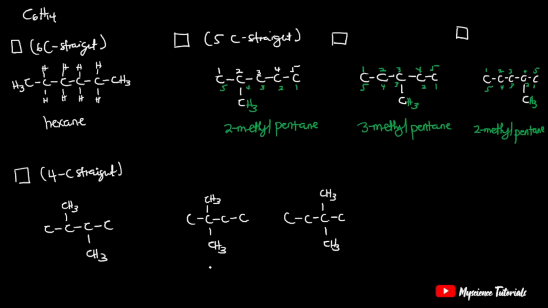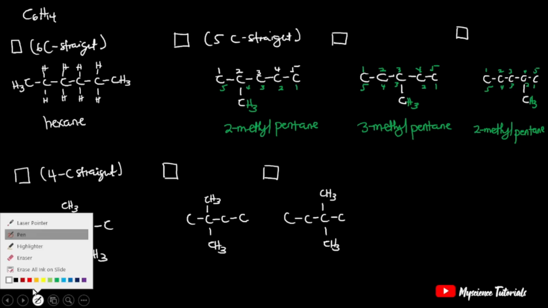Okay, so these are the three possible ways for me to draw a 4 carbon chain and distributing the fifth and then the sixth carbon atoms, and they will not be on the terminal carbons.